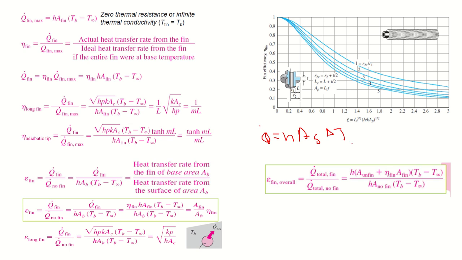These were covered as the additional conditions of the fin equations. We also have some formulas: the corrected length of the fin, fin efficiency, efficiency for a long fin, adiabatic fin tip, fin effectiveness, effectiveness for a long fin, and overall fin effectiveness. All this you have covered in the lecture with the doctor.